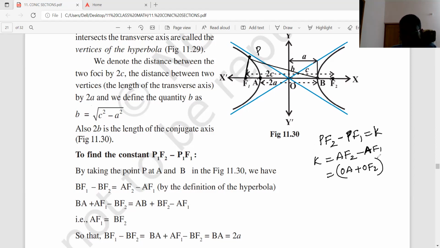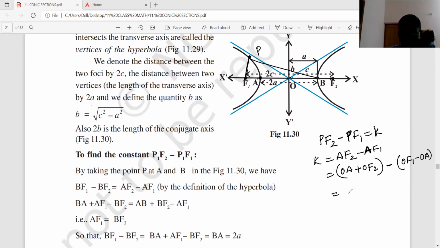That is again minus AF1. AF1 is what? From OF1, you subtract OA. Is that okay?